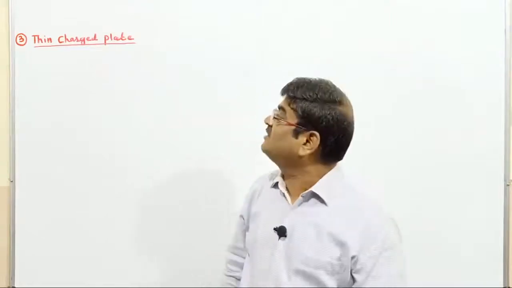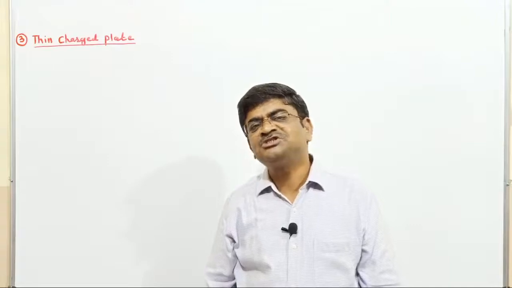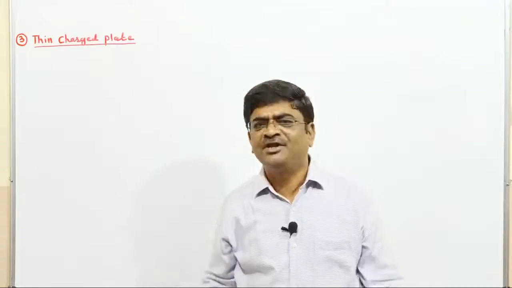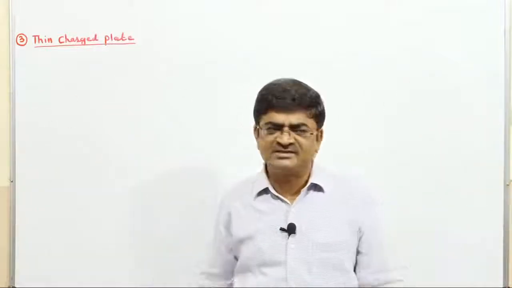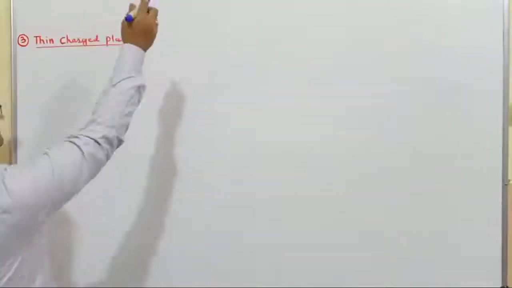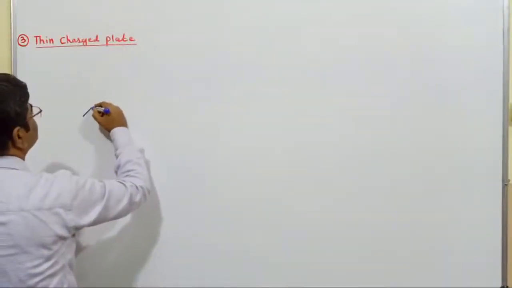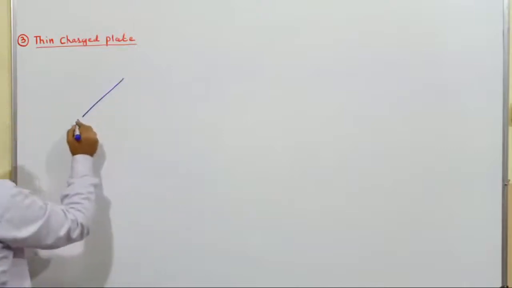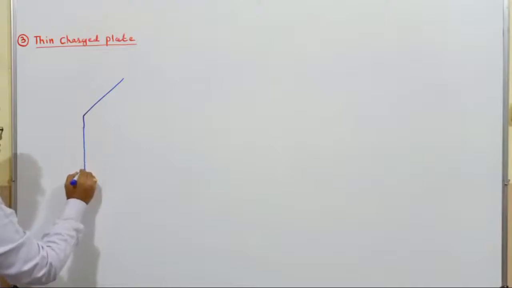Let us go ahead then. I'll have one thin sheet, plate or sheet you can say, of infinite dimension, very, very huge in size. Let us have such a thin plane sheet. And this is the sheet I am talking about. I draw that over here.